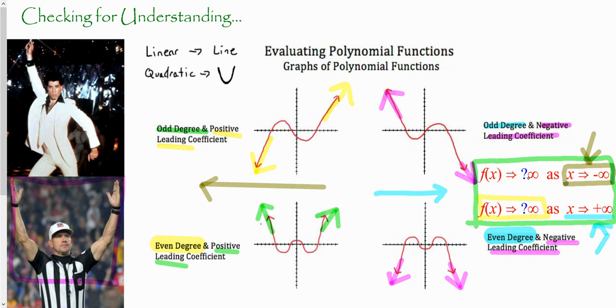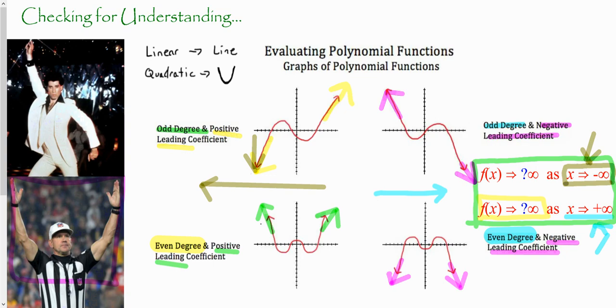Well, if it did, then you'd have a positive sign in front of your infinity. Or if it goes down like this one here, then you'd put a little negative in front of your infinity. So it's always going to be what we have in red. It's just what we do with that question mark that we adjust and change.